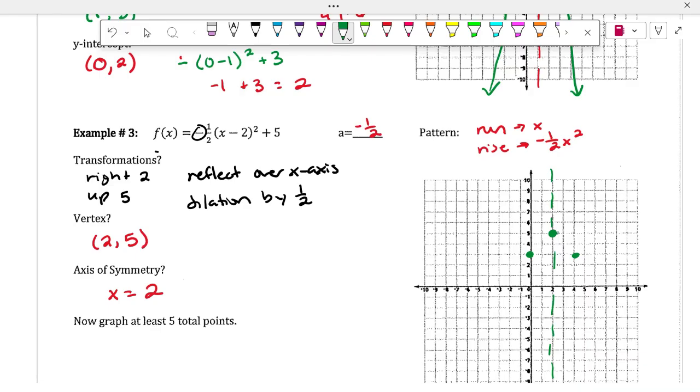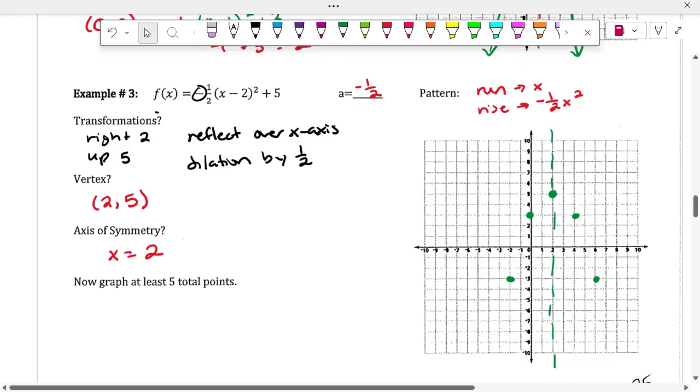Then I'm going to go out 4. So 1, 2, 3, 4. What's 4 squared? 16 times negative 1/2? Negative 8. So I'm going to go down 2, 4, 6, 8. So right here. And then I'm going to find its reflection buddy on the other side.